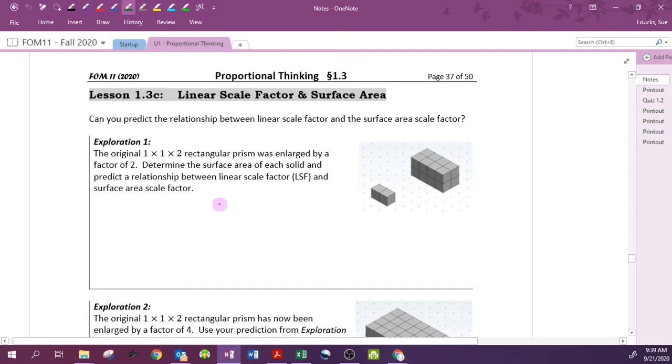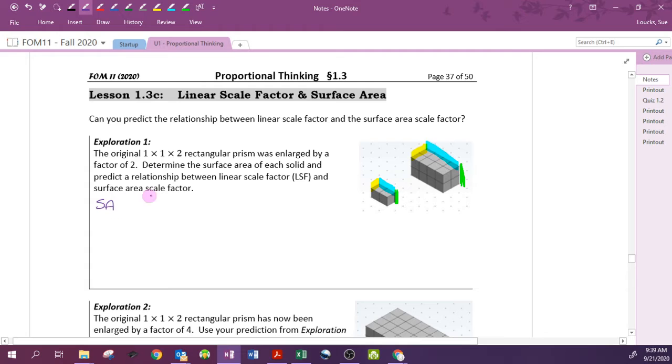Okay. So that's the small one, the original, and it's enlarged by a factor of 2. So this direction, which was 1 wide, is now 2. Maybe I'll color those in yellow. That's twice as big. And this one was 2, and it's now 4. And the height was 1, and it's now 2. So everything's doubled.